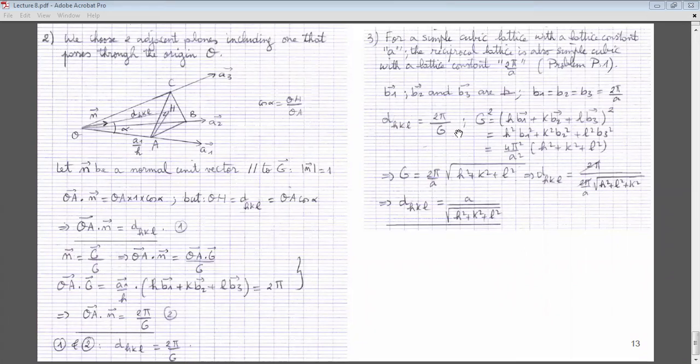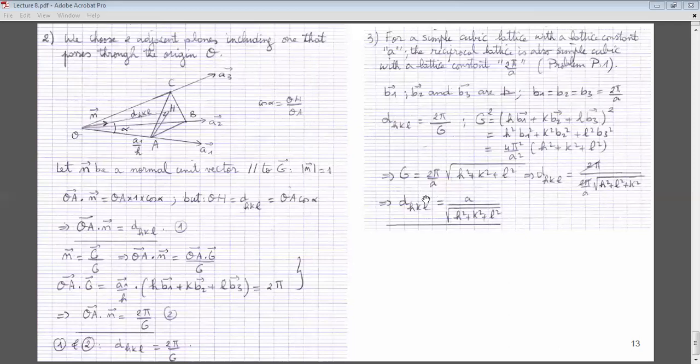|G| is nothing but the square root of, in order to get it, I take this vector HB1 plus KB2 plus LB3, and get its absolute value. So if I first get the square of that, that's H square B1 square plus K square B2 square plus L square B3 square. But I know that B1, B2, and B3 are 2 pi over a, so I get 4 pi square over a square outside, times H square plus K square plus L square.